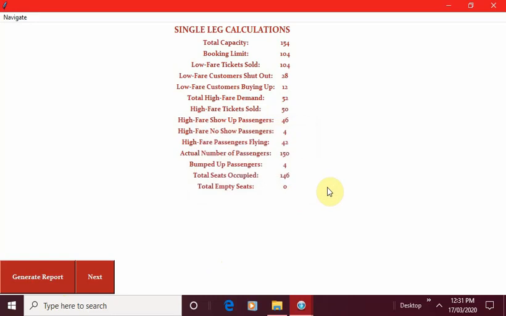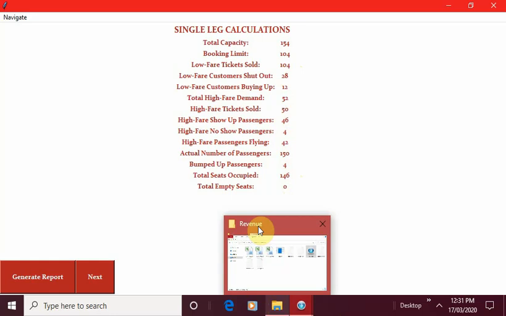The only difference would be there was no standard deviation and mean demand for the low fare and high fare tickets. The rest, as we entered the same amount of demand for the 1st of April for low fare and high fare, we got these figures which are identical. So the report has been generated here.